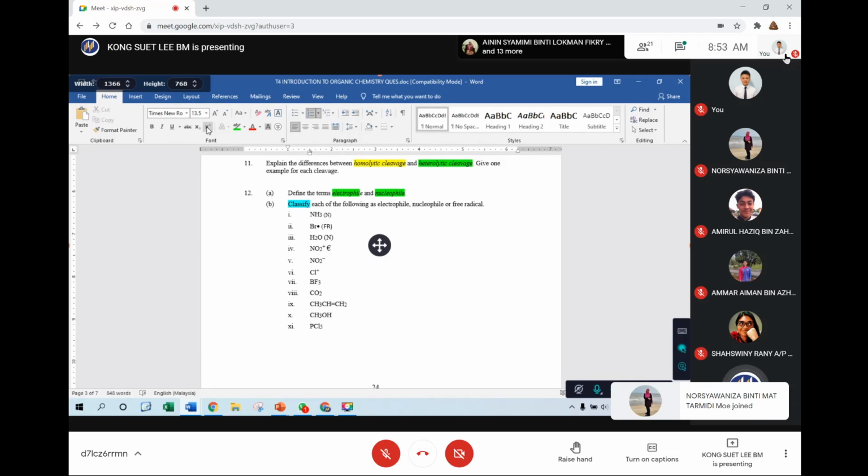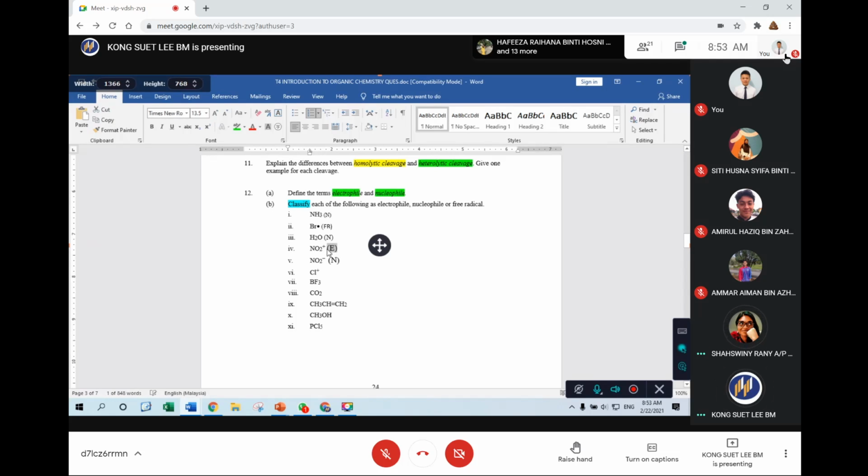Electrophile. Yes, electrophile. Negative charge. Nucleophile. Yes, nucleophile. Positive charge. Electrophile. Yes, electrophile. BF3. I did mention this is Lewis acid. Lewis acid incomplete. Yes, electrophile.